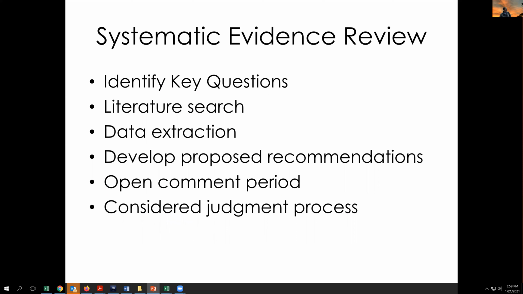So the component of systematic evidence review involves identifying the key questions, doing the literature search and data extraction steps, and then from that, developing some proposed recommendations.